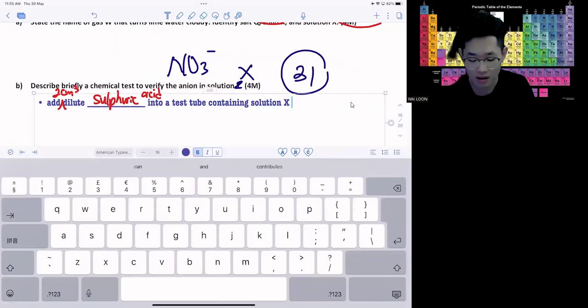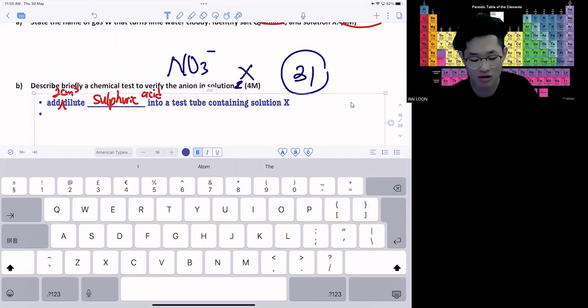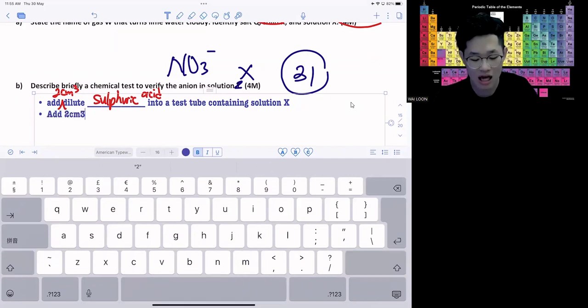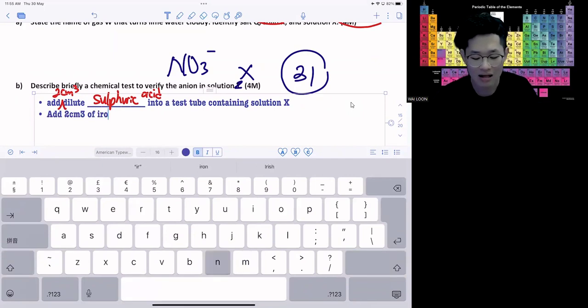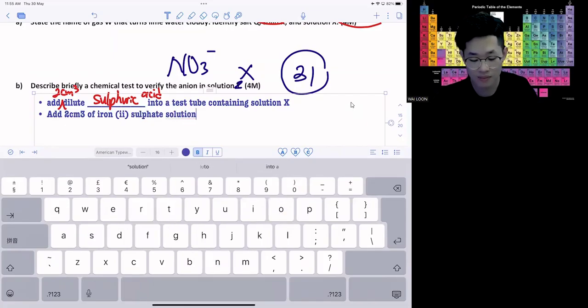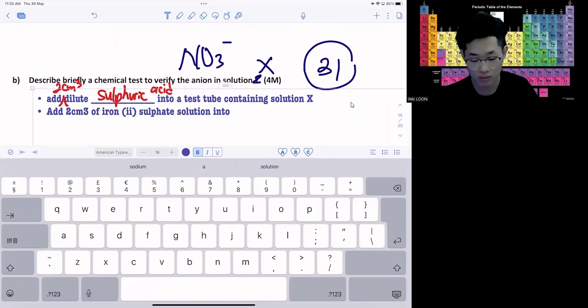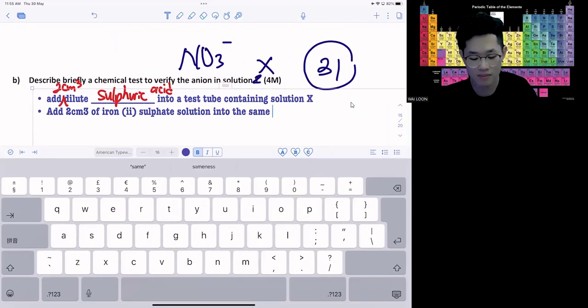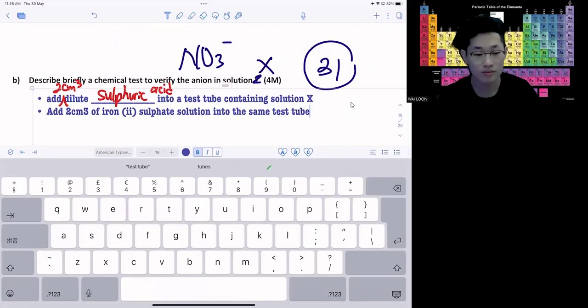Then followed by, they give 4 marks. Everything. Okay, they give 4 marks, then I put it into another sentence. So I add 2 cm³ of iron 2 sulfate solution into the same test tube. So I'll be adding 2 cm³ of iron 2 sulfate solution into the same test tube, and then I shake the mixture.